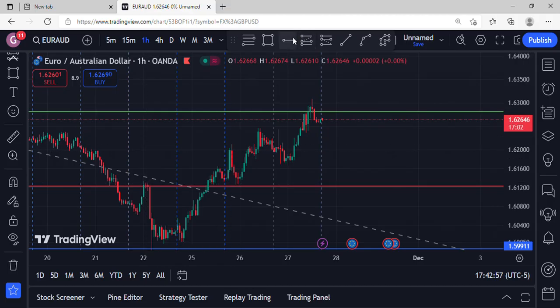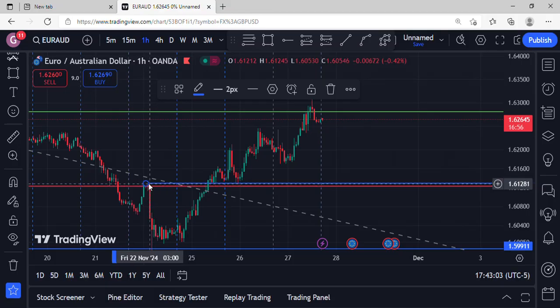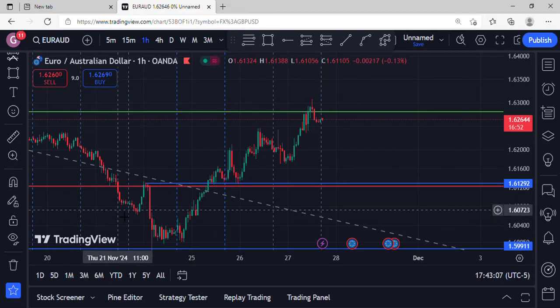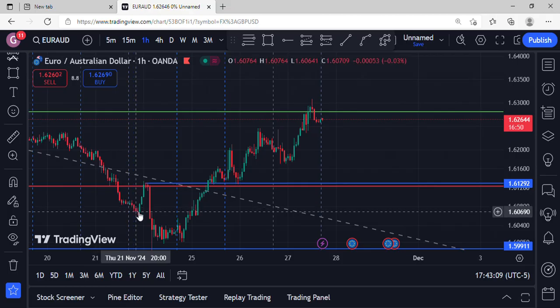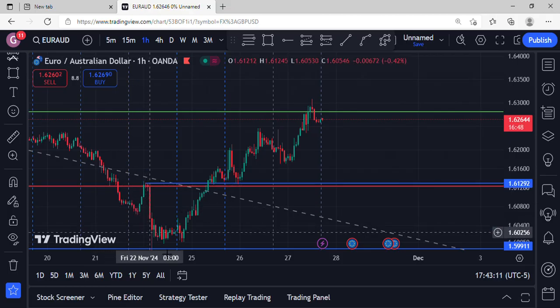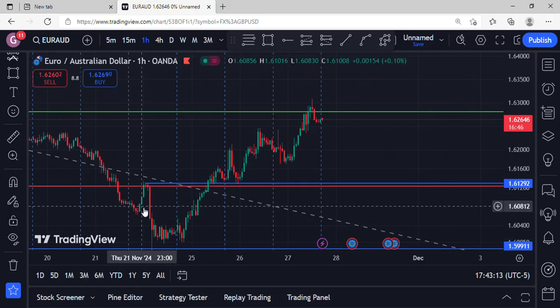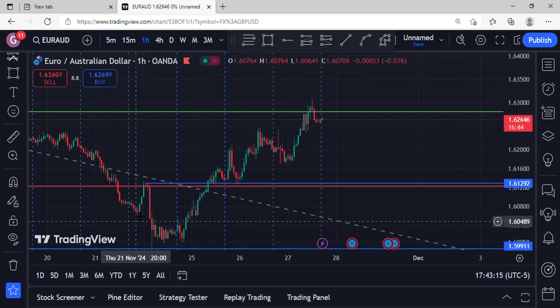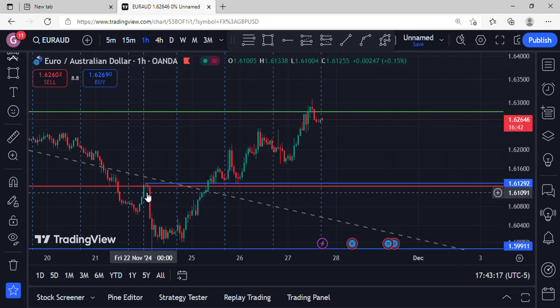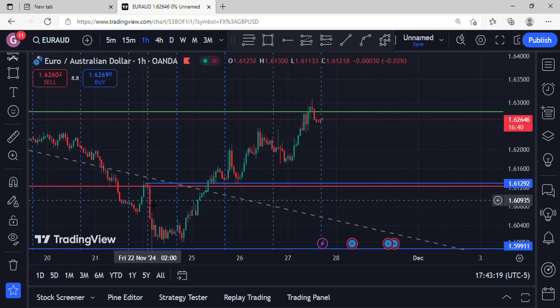Let me mark that out and see how price reacts to that place. And then again we have the low, the high, lower low, and then we move up. And so these candles 1, 2, 3, those 3 bullish candles, can be considered as what?